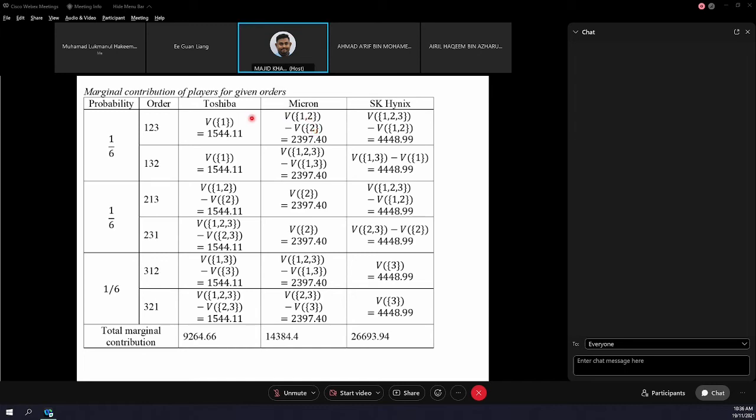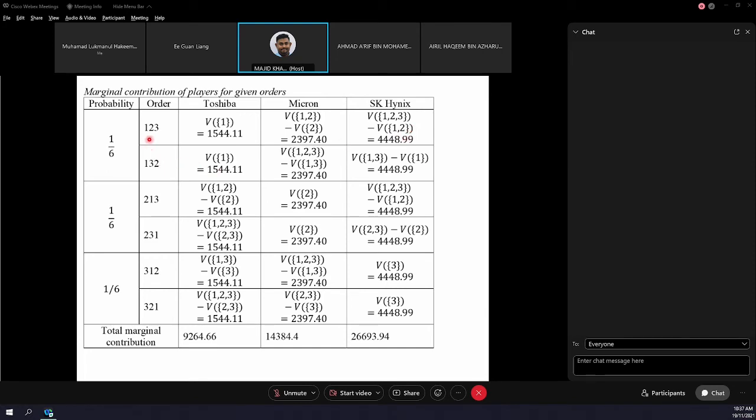Same goes when you're doing it for player 3 when you have a coalition, because now the order is 1, 2, and 3. You take V123 minus V12, which gives you 4448.99.